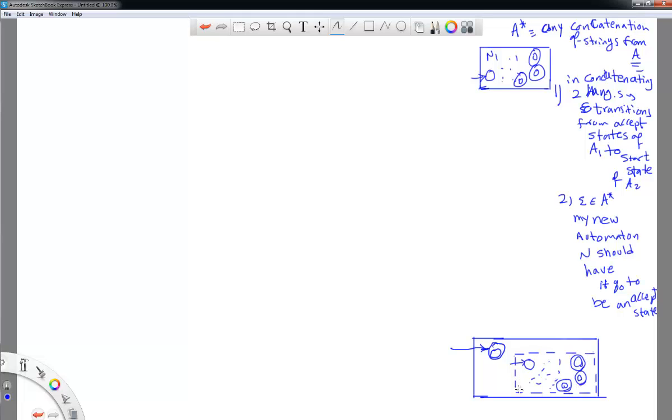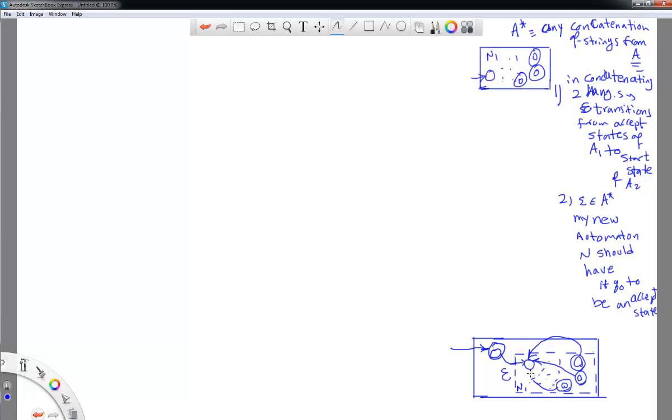Let's represent those with 3. Remember, this is now N sub 1. In concatenating this, I want epsilon transitions to go from each of the accept states to the start state of my language.